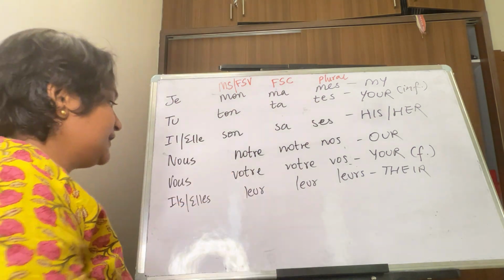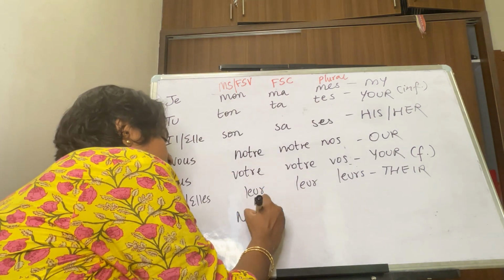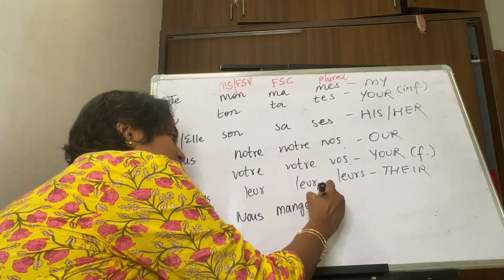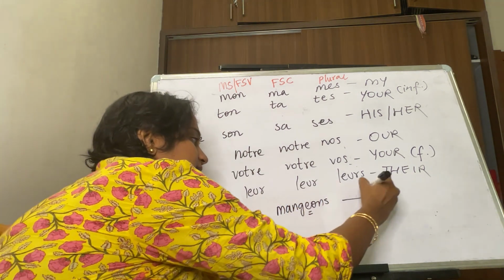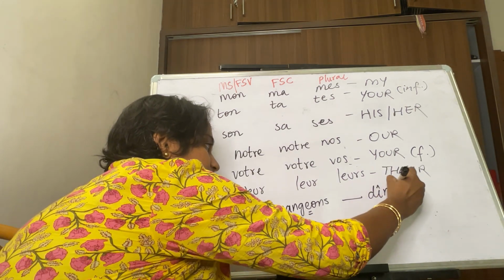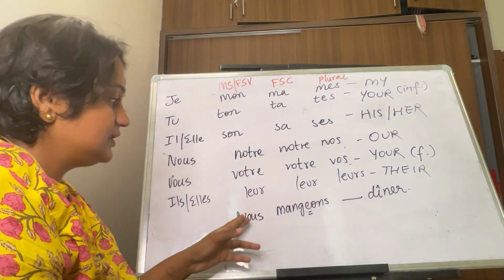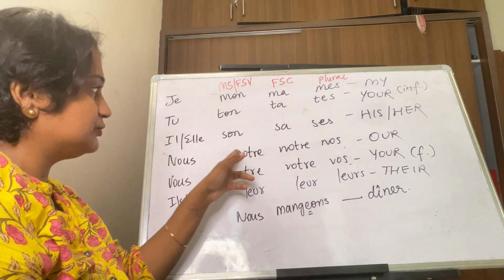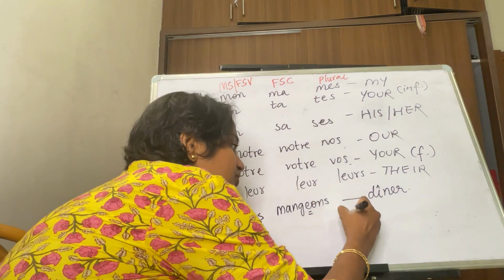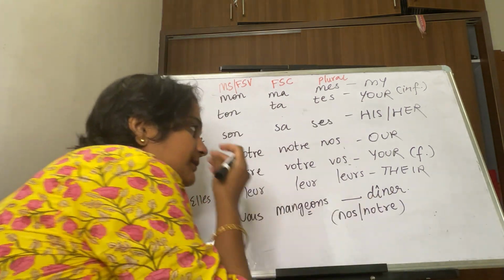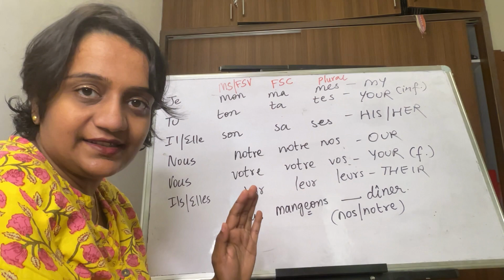So let's see, for example, nous mangeons, exception, dash, dîner. Okay, we eat our dinner. So when I see nous, I come to this line and I write down nos or notre. This is actually simpler because here I don't need to do gender analysis.